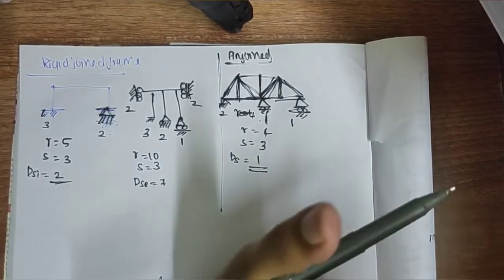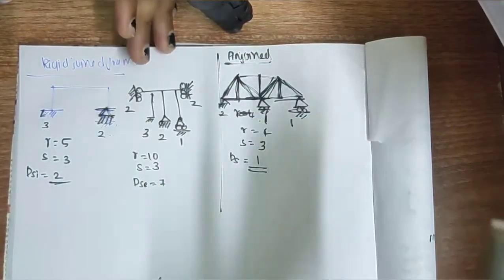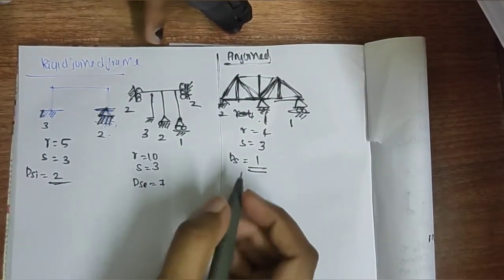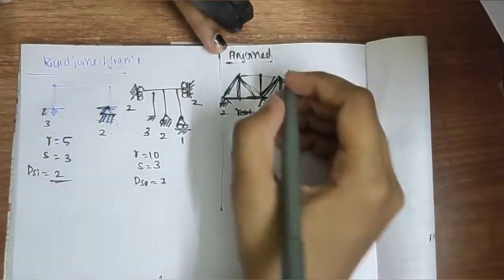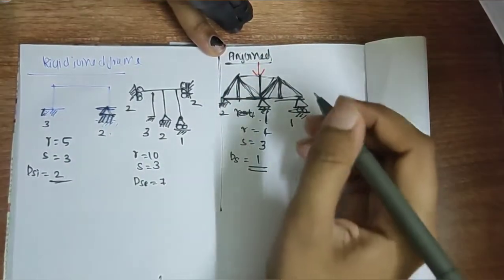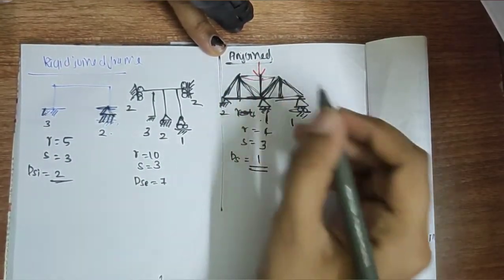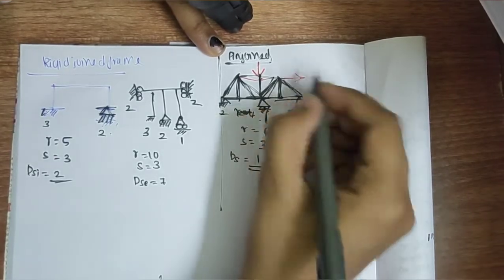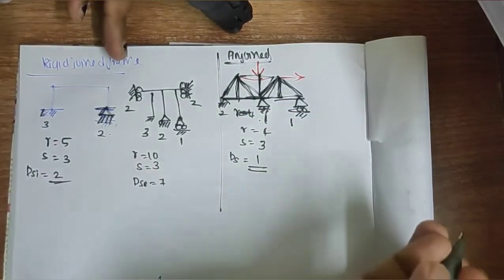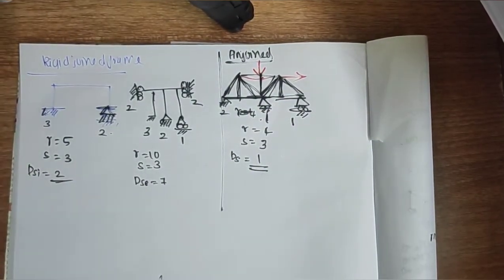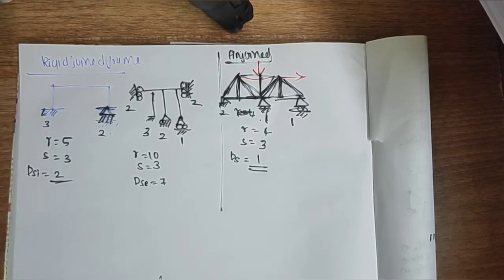And if we have the beam upward, it will be the same. If an external load is acting, there will be deflection like this. Each joint is a pin joint, so the load is acting on that pin joint.